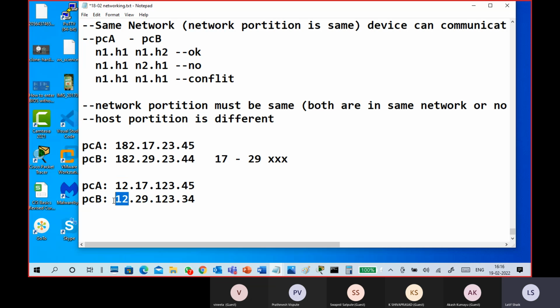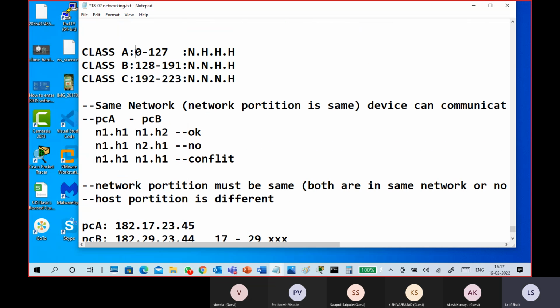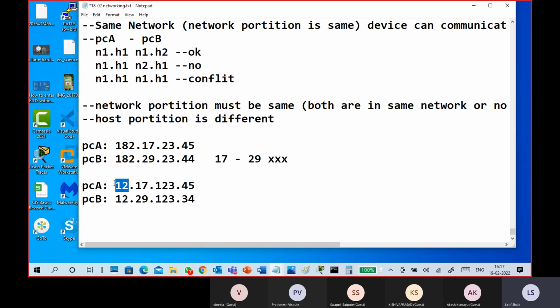Look at which class it is. It is a class A. In class A the first portion is the network portion, so verify only the first portion. 12 and 12, so both are in the same network. The rest is different, and that is okay. Whatever the difference in the host portion is acceptable.